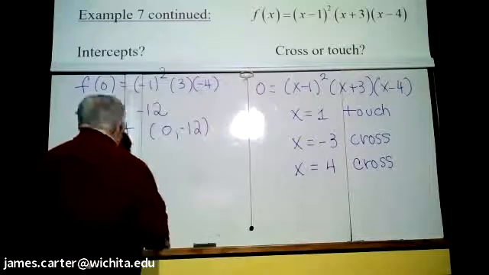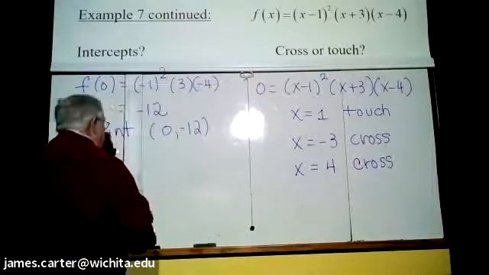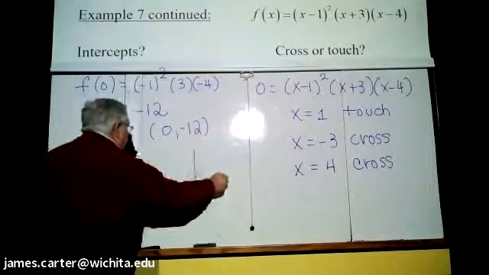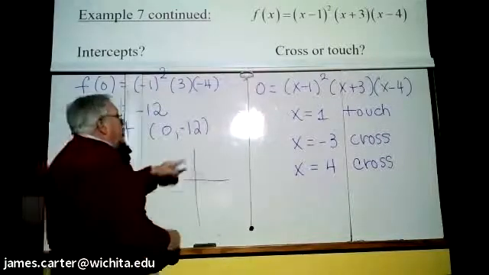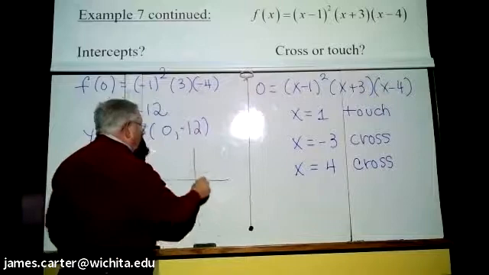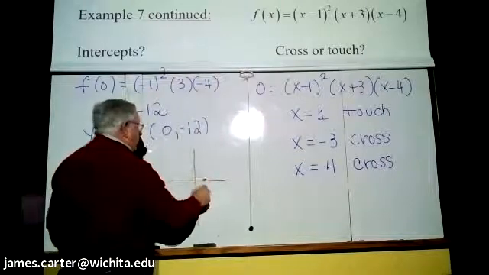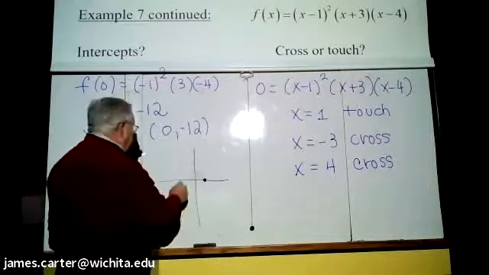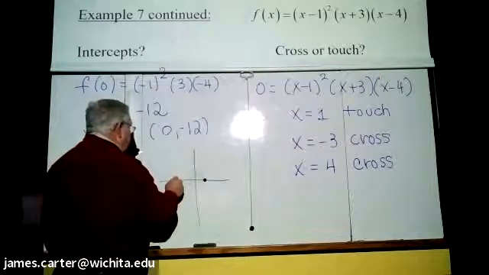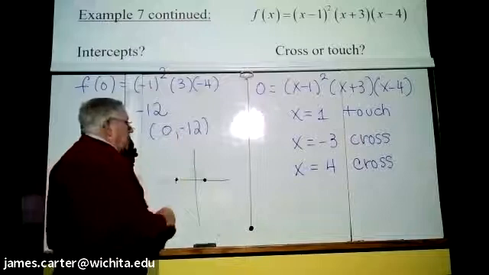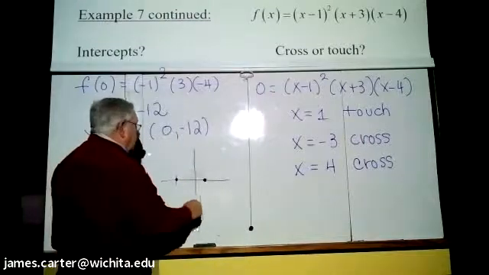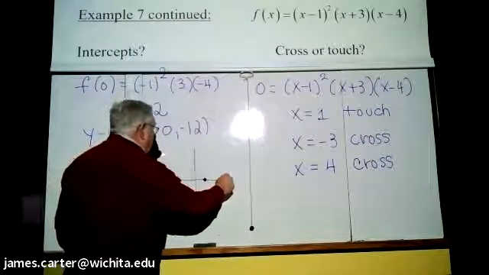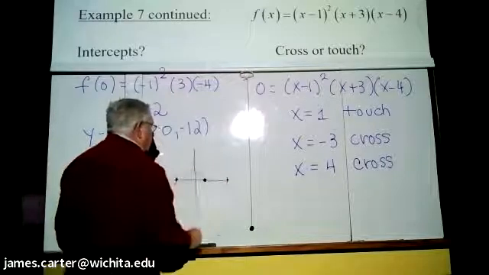So based on these points, we've got the point 1, which is a touch and go. We've got the point -3, which we know is a crossing. And we've got the point +4, which we also know is a crossing.